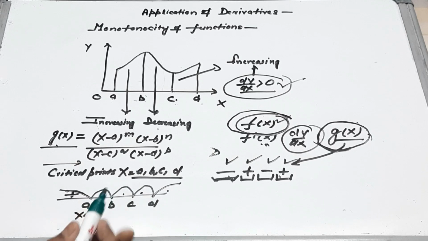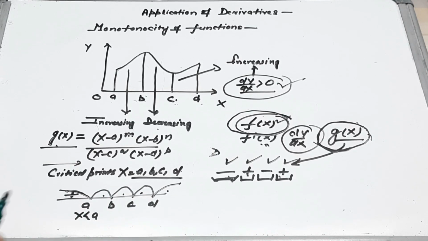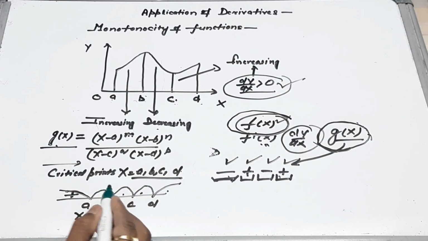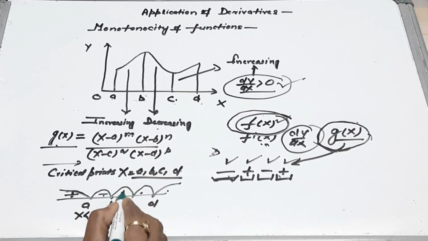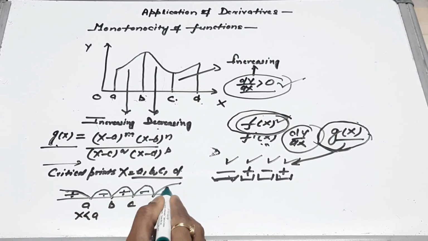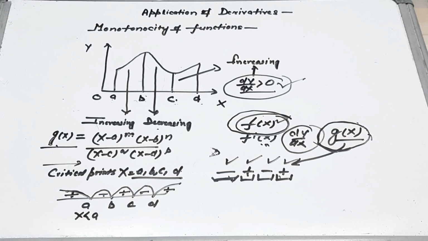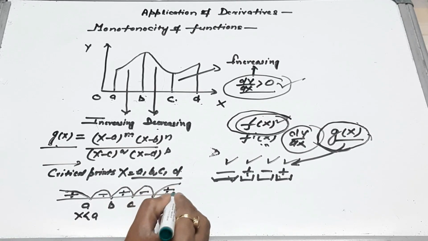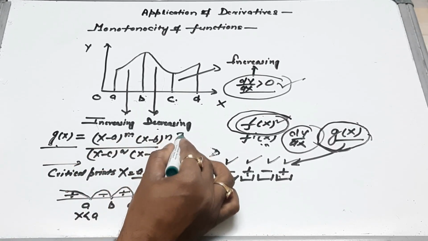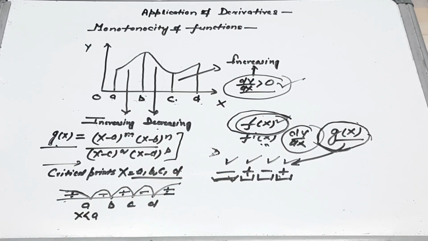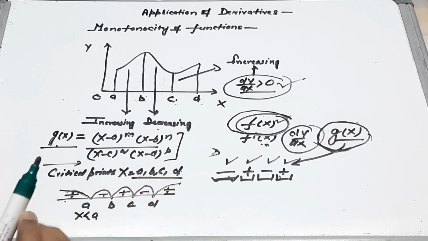Then in the rest of the intervals, we don't need to check the sign. It will alternate: minus, plus, minus, plus. Correct? So this is the theorem for the sign conventions of rational functions. But the condition is that the powers of a, b, c, d must be odd.